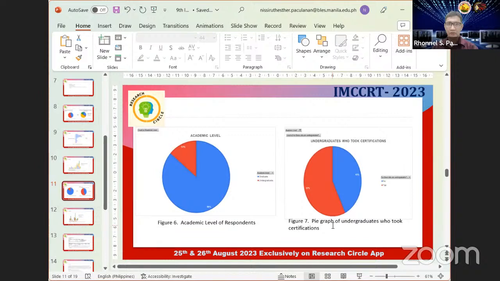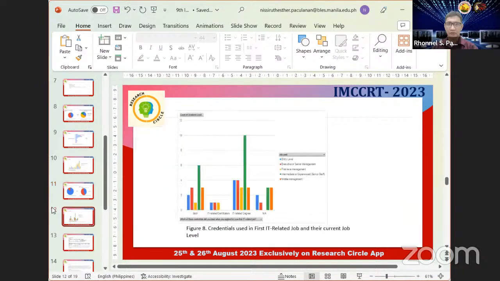This data helped the researcher understand that certain undergraduates can still find work even if they lack a degree. So it's a blessing that we can still work even though you are not a graduate of IT, as long as you have the certification. Again, some companies are still accepting this.